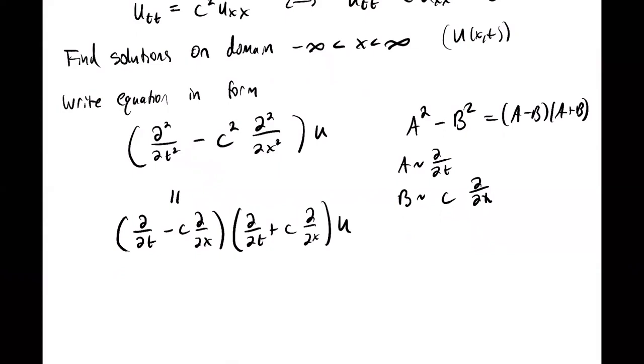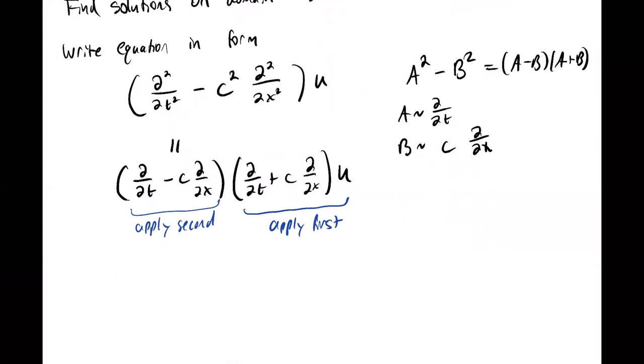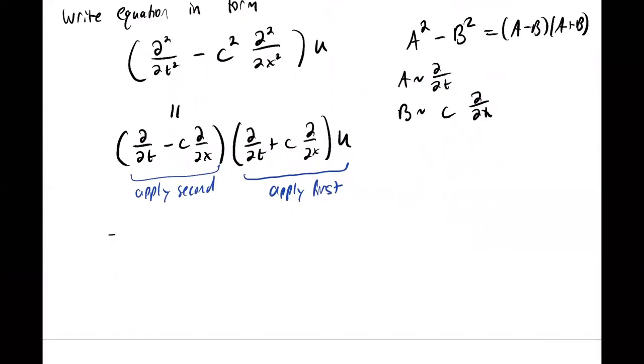Right, and so what does this actually mean more specifically? It means first take these derivatives and then apply the second operation. Right, so maybe just to clarify what I mean, this is equal to the operator on the outside. And then what do I have on the inside? I have ut plus c times ux, right?